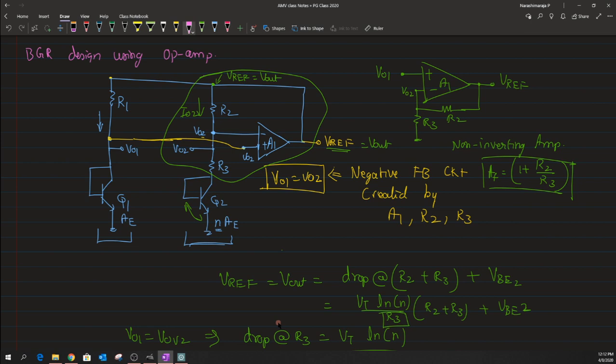Otherwise, a BGR design built using supply independent biasing cannot support a different current through branch 1 and branch 2. In that case, we have to work with the n factor across the Q2 structure. We need to have a different area for Q1 and Q2 in those structures. Hope that it makes sense.